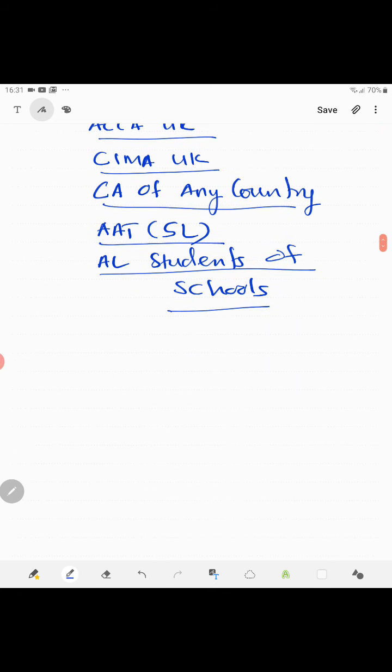Now, prior to discussing the bank reconciliation statement, I would like to put forward certain concepts regarding banking and its related recording.